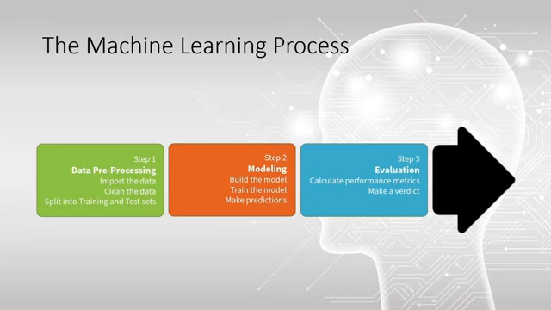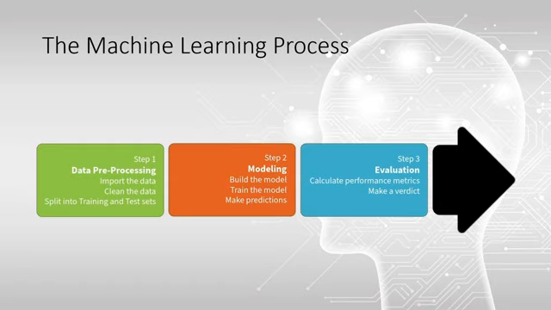Next, we move on to modeling, where we first build the model, then we train the model, and then we make predictions. So this is the fun part of machine learning, and in this video series you will get a great exposure to several different models and you will be able to practice your skills there. And finally we move on to the evaluation step.